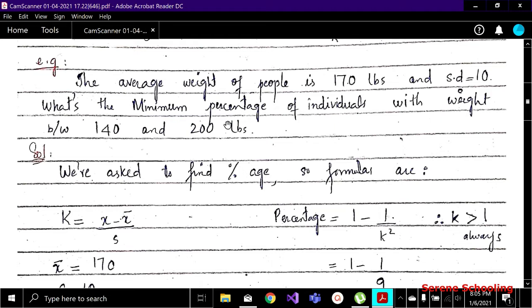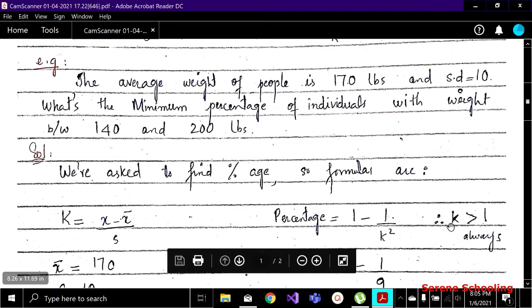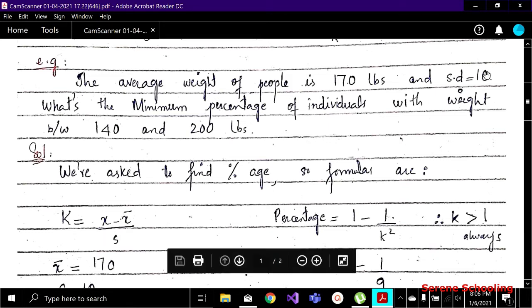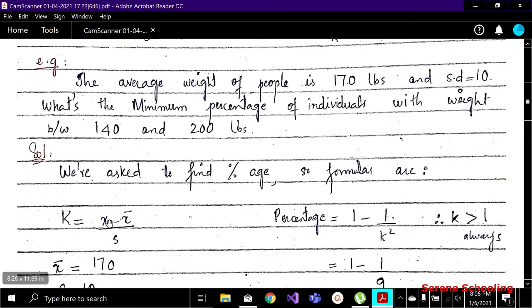And we know for finding percentage we use two formulas. First for finding k, another for finding the percentage. Because here we need k, we have to find k using the z-score formula. That is over here. x is our data value, x bar is the mean, given as 170, s is the standard deviation, which is 10, and what is this x? You can see here in percentage type problems we will be given some range, like here from this to this is our range of the data, the range of the weights of people, right?